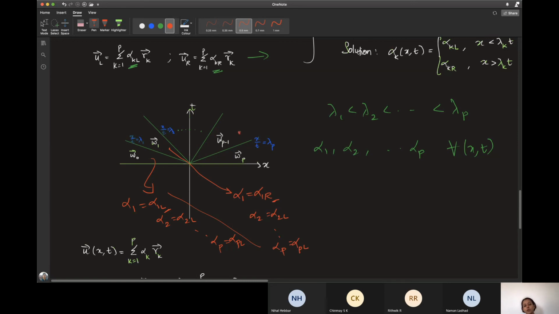If you look at this point, everything will be R except the last one.